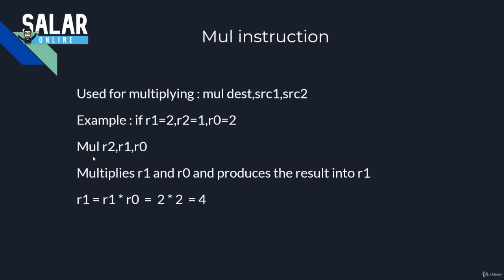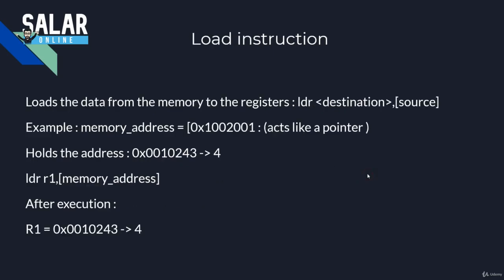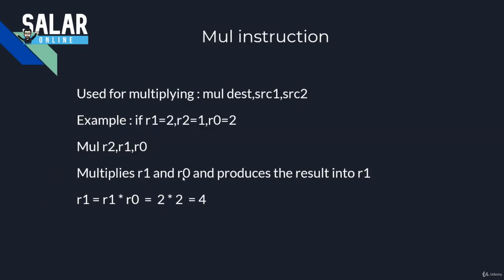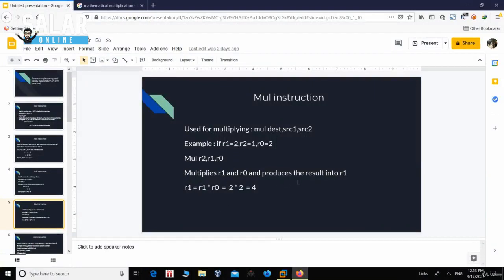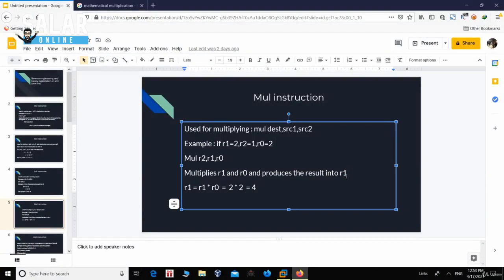So R2 now contains, and there is an error here. Oops, I will go back and edit this error. So the result is stored in R2, right? I will say R2, and R2 now contains the value of 4.